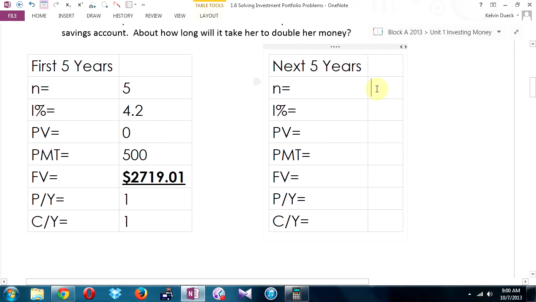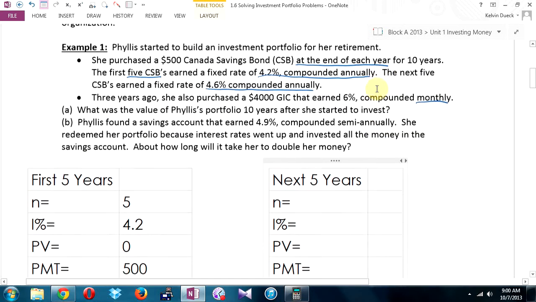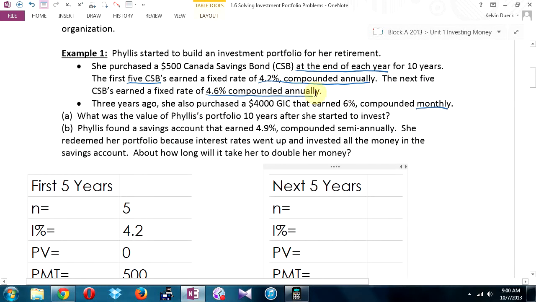It's 5 years. In the second chunk, how is it compounded? Oh, it's also compounded annually, I see right there. So N is just going to be 5. What's the new interest rate? 4.6? Careful. What's her present value now?